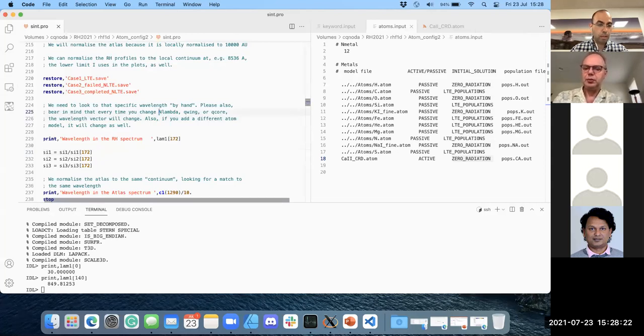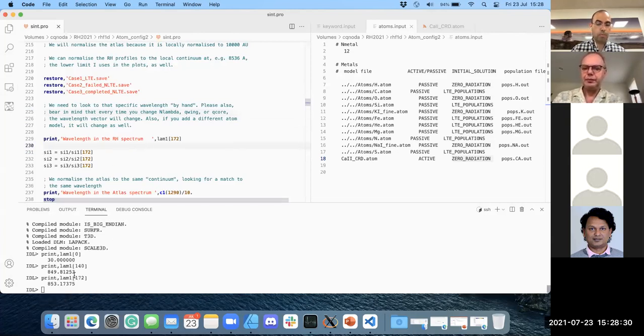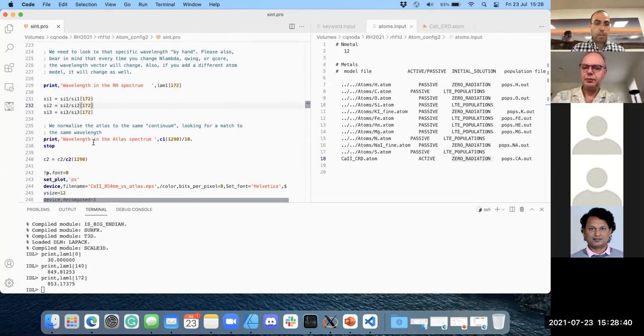Then if you print 172, like I have there, you will see that it's close to the one that we assume as a continuum. And then I basically normalize all the profiles that we computed to that value. Then I looked in the atlas for a wavelength that is also similar to that one.